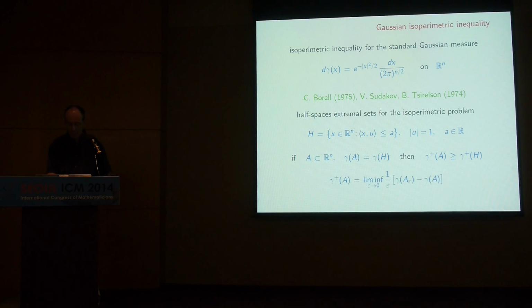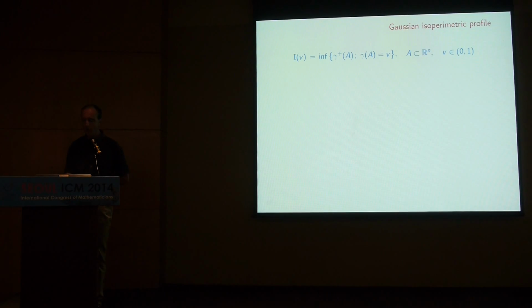And one way to define this Gaussian surface measure is through the notion of Minkowski content. A sub epsilon here is the epsilon neighborhood of your set. An equivalent way to present this isoperimetric inequality is via the Gaussian isoperimetric profile. So you consider the infimum of all the surface measures when you fix the measure of your set.